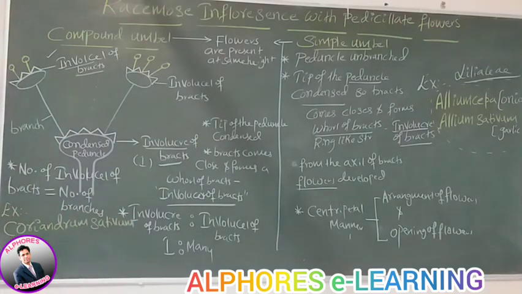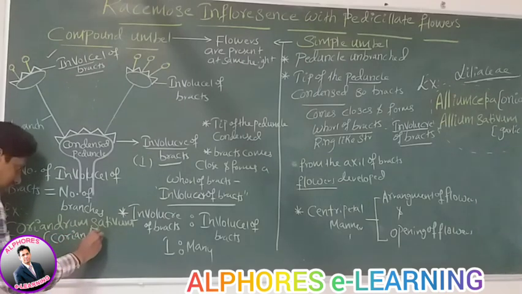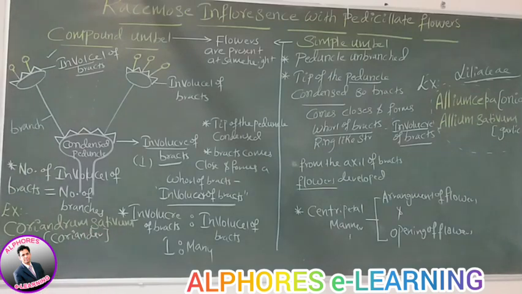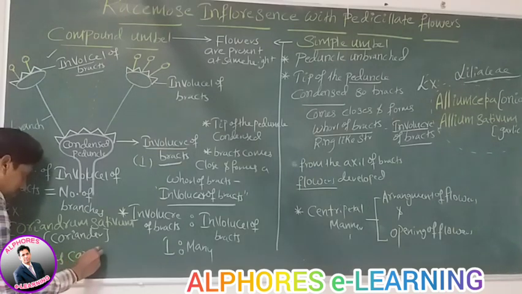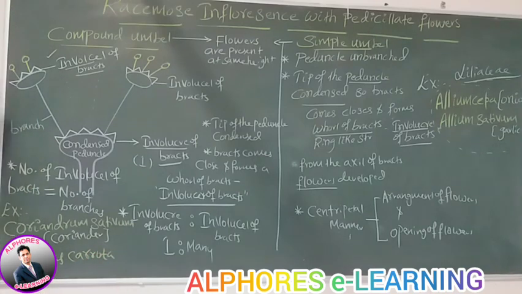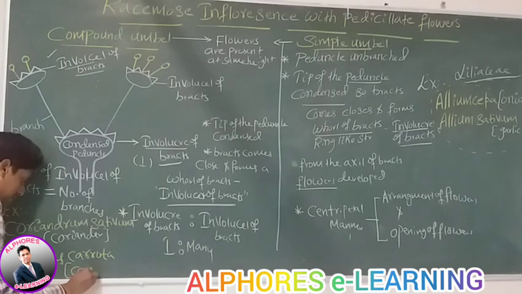What is the common name of Coriandrum sativum? Coriander is the common name of Coriandrum sativum. The second example is Daucus carota. The common name of Daucus carota is carrot.